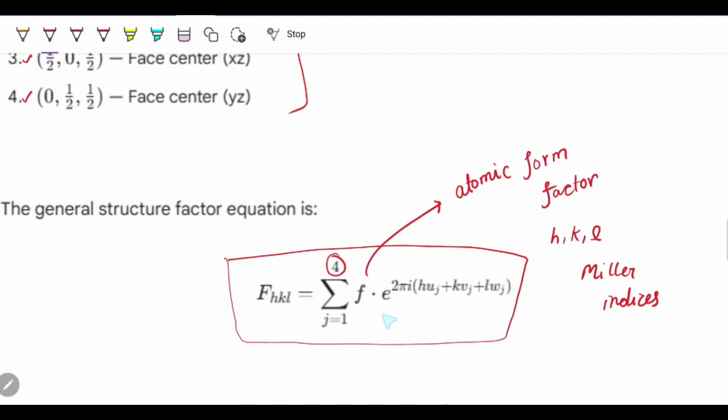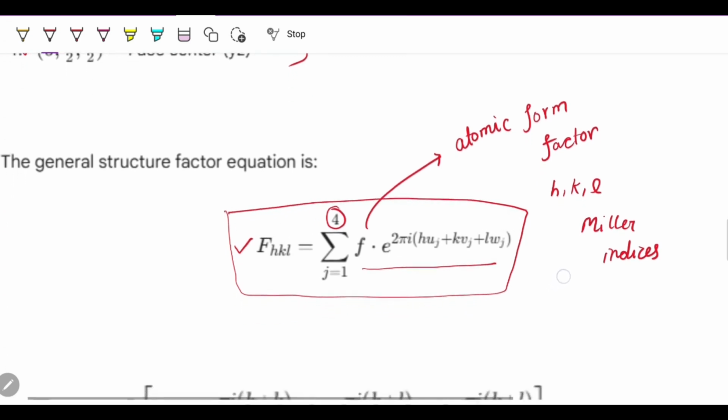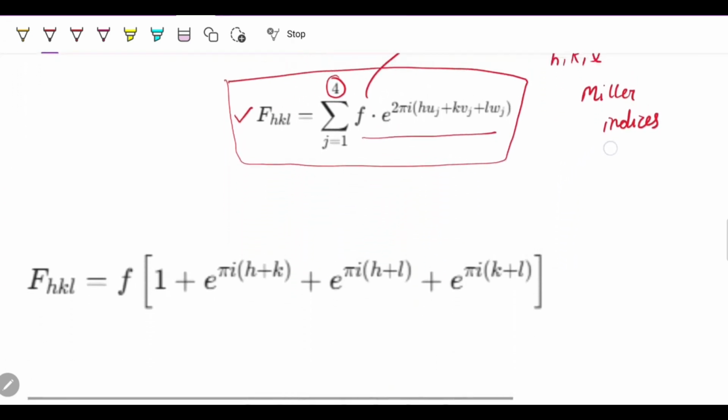If we put in the values of hkl and uvw, we can calculate the structure factor for this particular peak, and that can tell whether this peak will exist, whether we can see it in the XRD pattern or not. That would be decided by the structure factor.